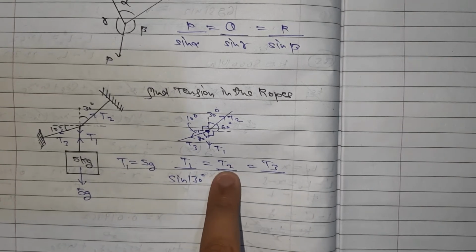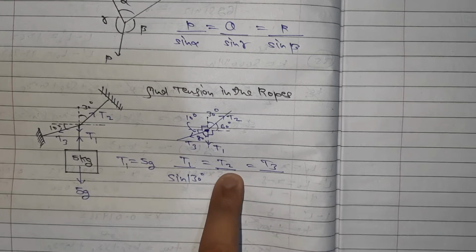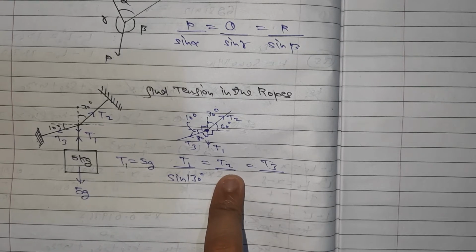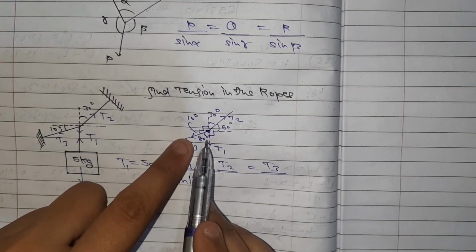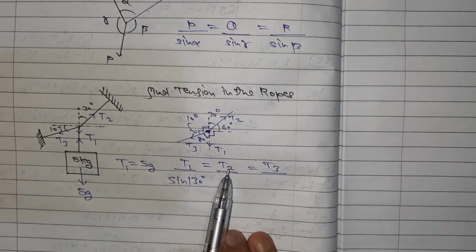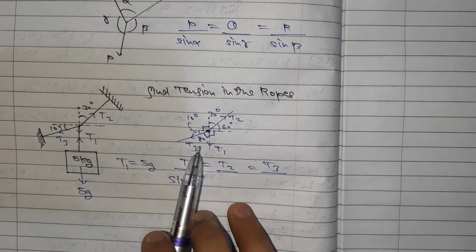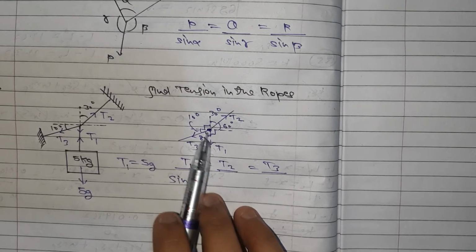If I want to write T2, which angle do I have to consider? The angle between T1 and T3, which is 80 degrees only.